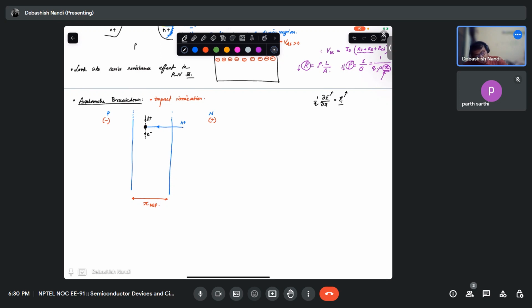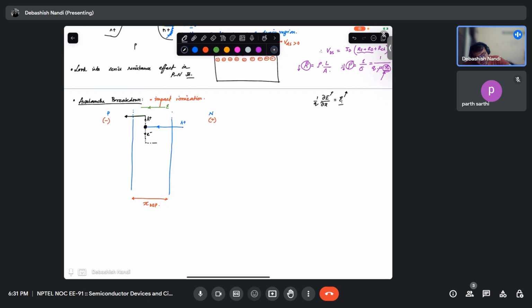Okay, this black spot I am drawing is a point of contact or point of impact. The electric field is in this direction, so the hole will try to move in this direction. But what about the electron?